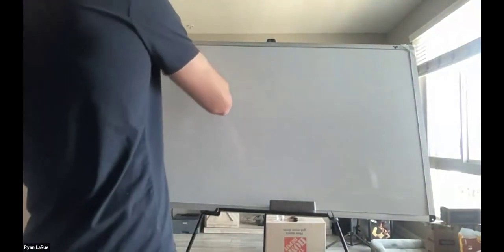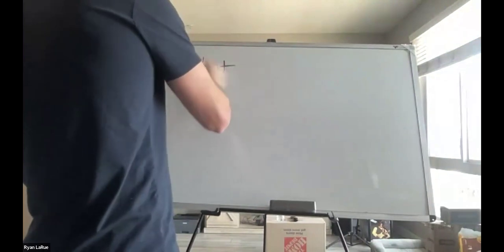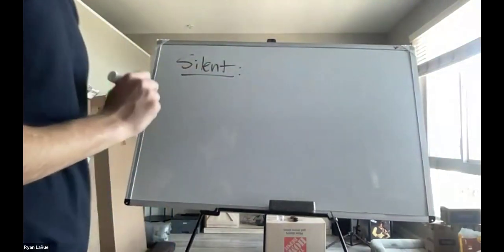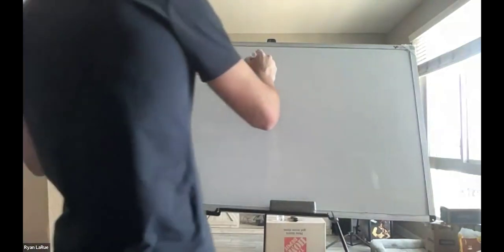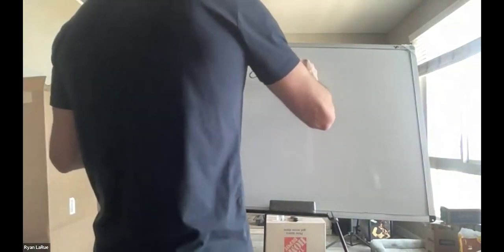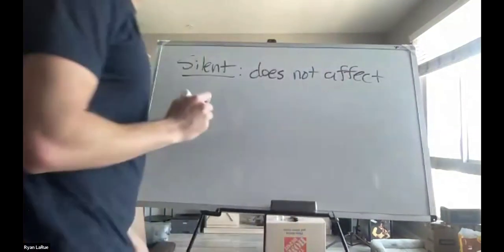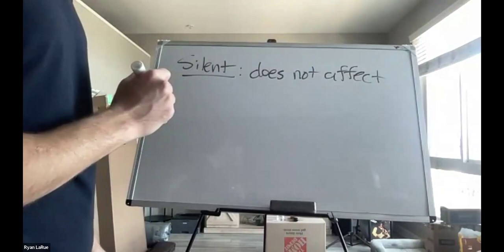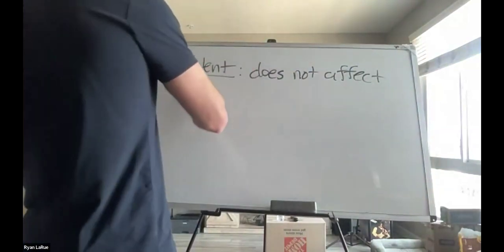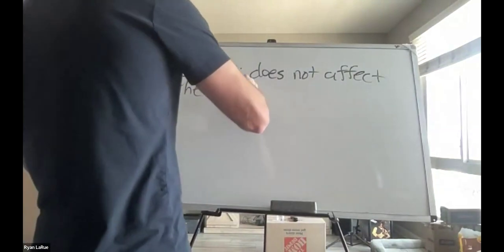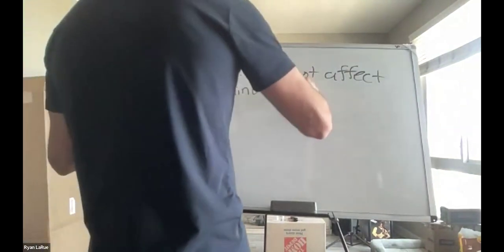All right, so if you have a silent mutation, which is a type of point mutation, like the name implies, it does not affect the amino acid sequence of a protein.